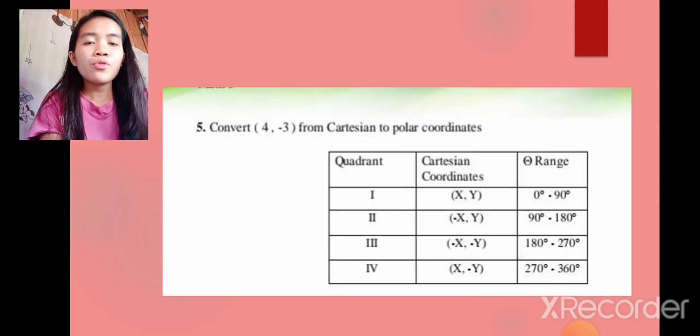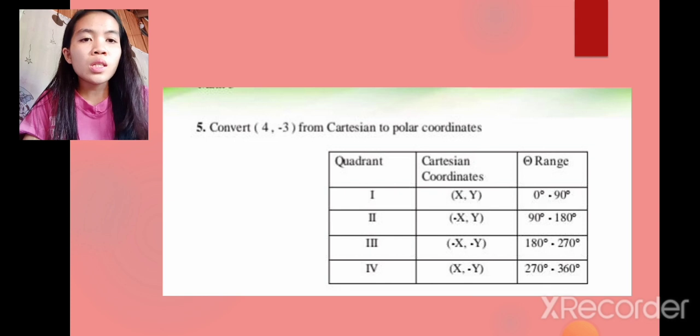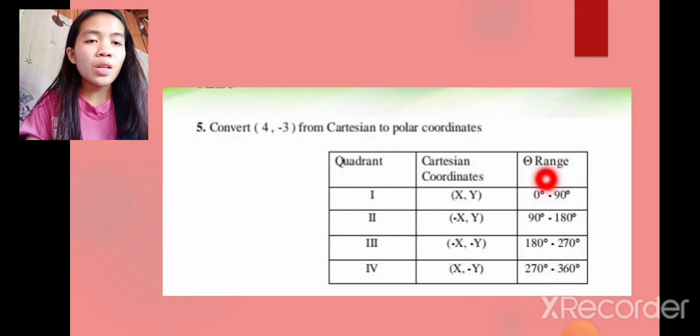Number 5. Convert (-4, 3) from Cartesian to polar coordinates. This is the quadrant, Cartesian coordinates and theta range. In the first quadrant, the Cartesian coordinates are x and y, and theta is 0 to 90 degrees.